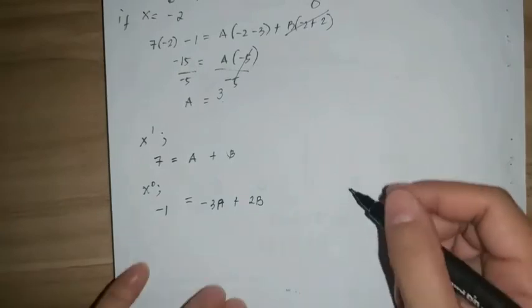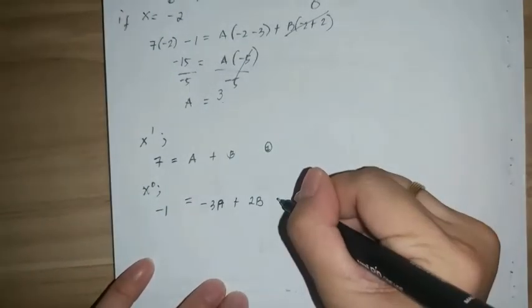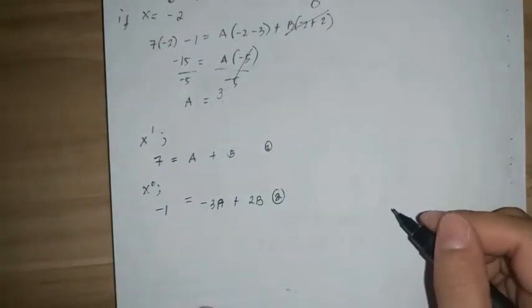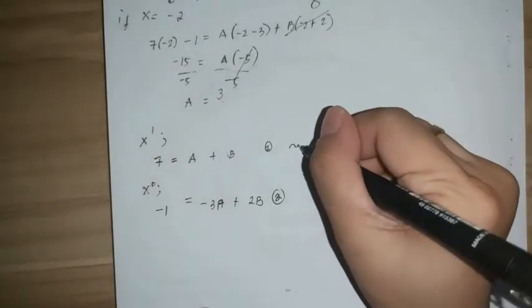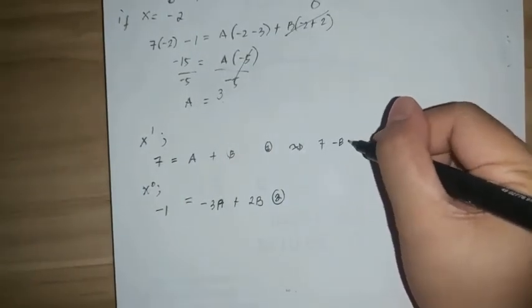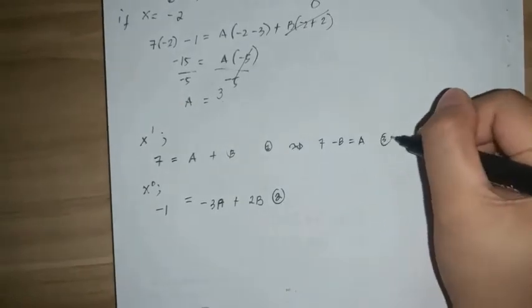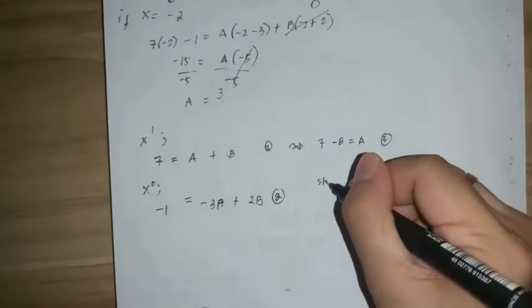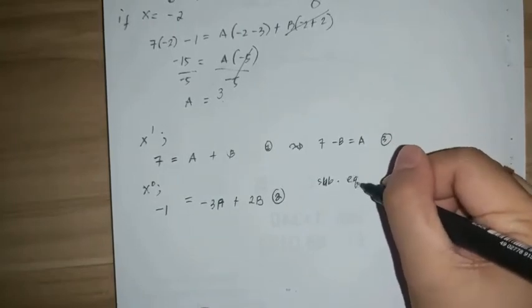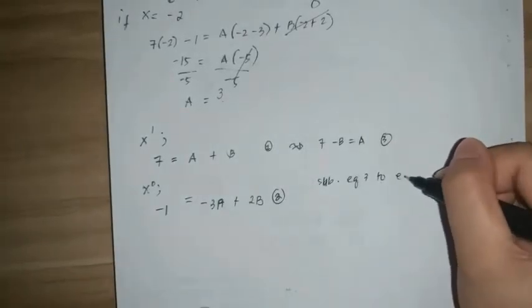So with that, we have equation 1 and equation 2. So we could get the value of a. Maybe we could do substitution. So we have 7 minus b is equal to a. Now this is equation 3. And you substitute equation 3 to equation 2.